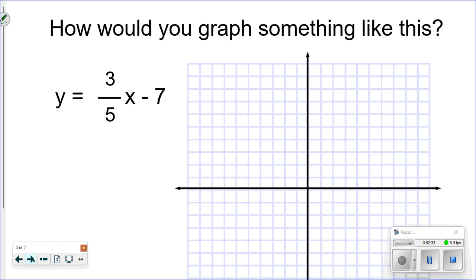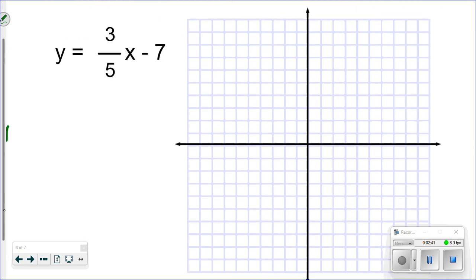All right, so how do you graph something like this without making a table of ordered pairs or without putting in your intercepts, your x and your y? So first thing I'm going to do is start to label my graph here. So 1, 2, 3, 4.